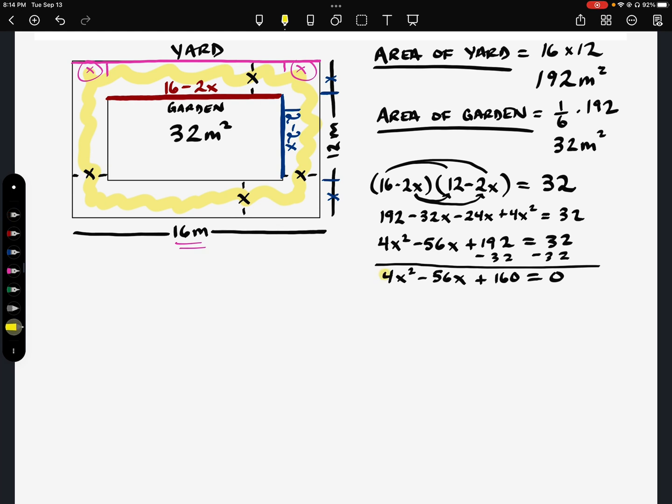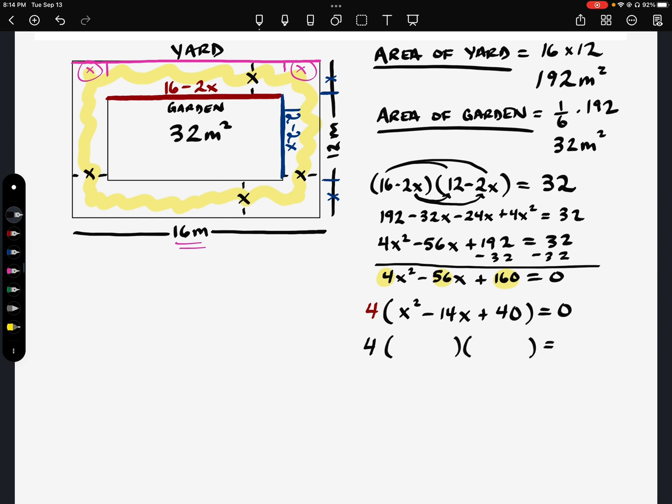Okay, so let's make these numbers easier if we can, right? 4, 56, and 160 are all divisible by 4. So we can factor out 4, and we are left with x squared minus 14x plus, let's see, 40 is equal to 0. And then that probably will factor for us again.